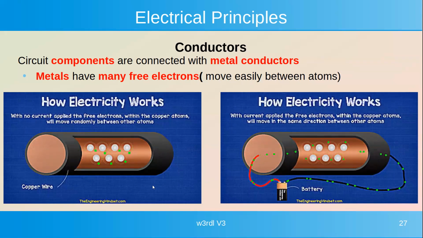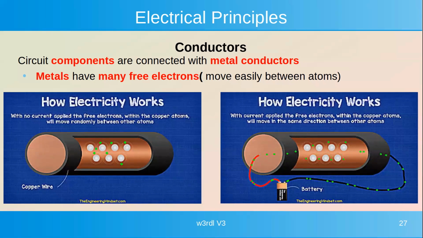What these little diagrams are showing is you've got free electrons running around there in a random fashion. The more the temperature of that piece of copper goes up, the more of those free electrons you're going to have, because there's more energy in it, and it takes energy to raise them up to a level to be free of the atom.